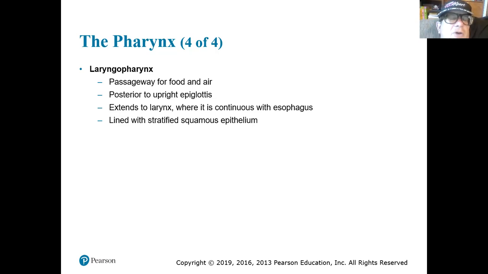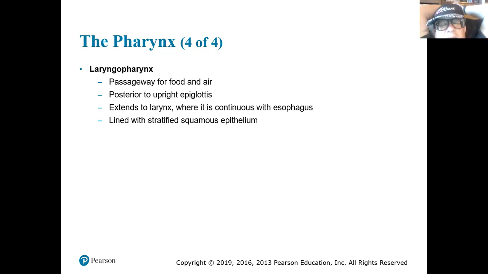All right, so the laryngopharynx is below that. It is behind the larynx, the voice box. It's a passageway for food and air. It's behind the upright epiglottis. It extends down to the larynx, the voice box, where it's continuous with the esophagus.